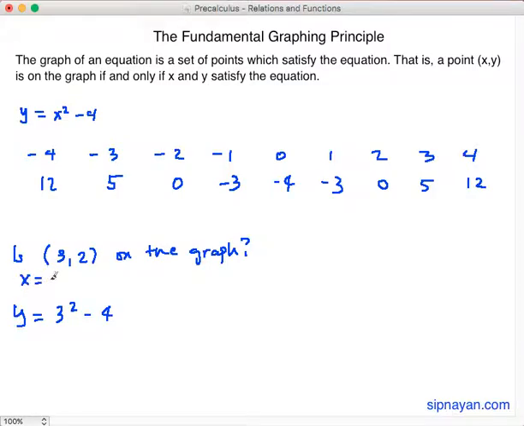Y equals 9 minus 4. Y equals 5. So, pag 3 yung x mo, yung y mo 5. Hindi siya function kasi kung nasa graph ito, dapat isa lang yung y mo at the same value of 3. So, ibig sabihin, this point is not on the graph of y equals x squared minus 4.